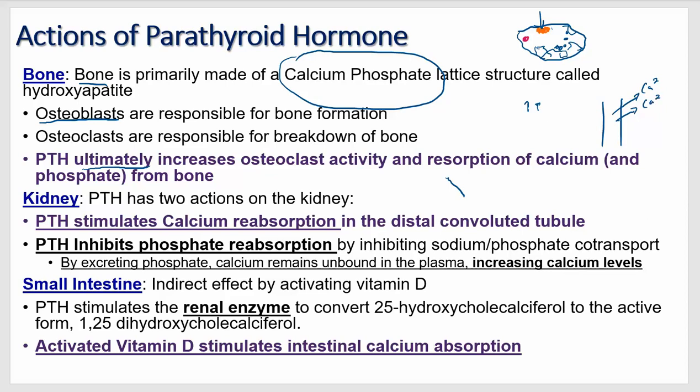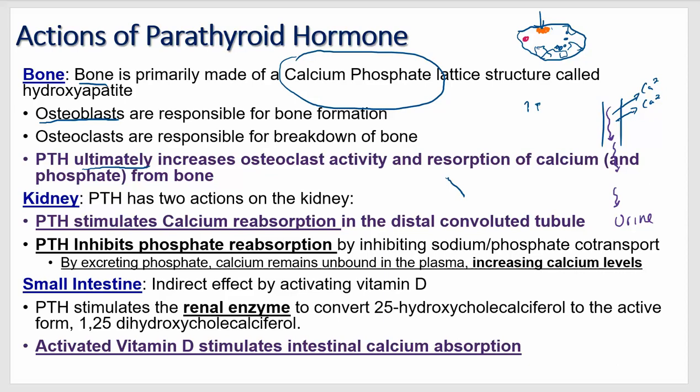However, it inhibits phosphate reabsorption. So it's going to say, hey, calcium, how you doing? And it's going to tell phosphate, yeah, you can just keep going. And so phosphate will leave in the urine. Okay, so by inhibiting sodium phosphate co-transport, by excreting phosphate, oh yeah, that's how it does it.